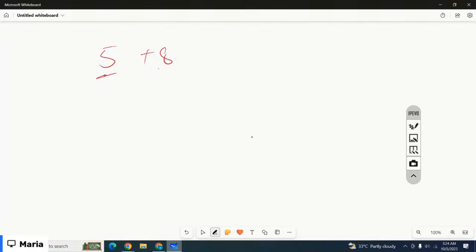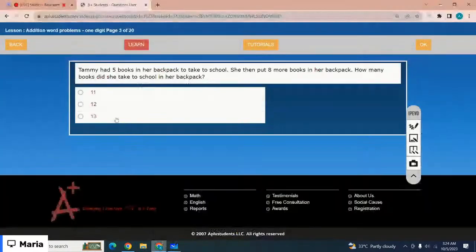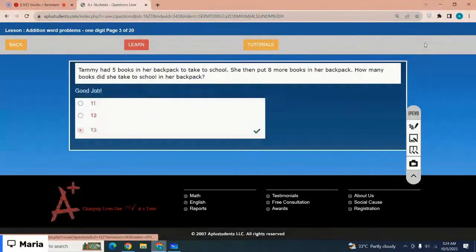Start with 5 and count forward 8: 6, 7, 8, 9, 10, 11, 12, 13. So 5 plus 8 makes 13. The correct option is 13, right?